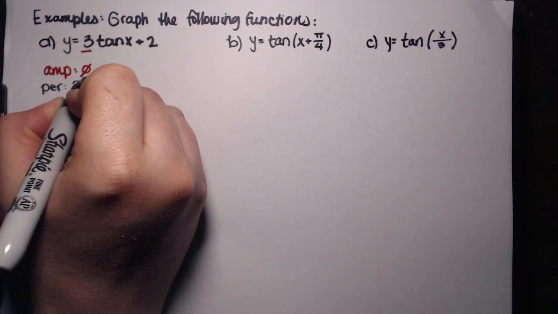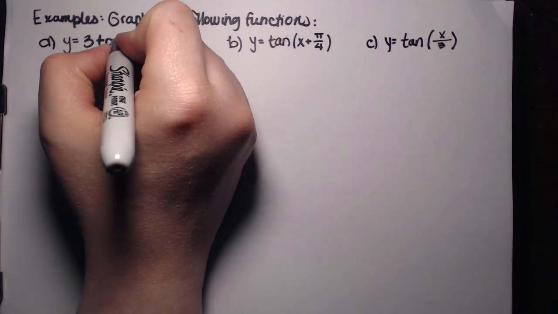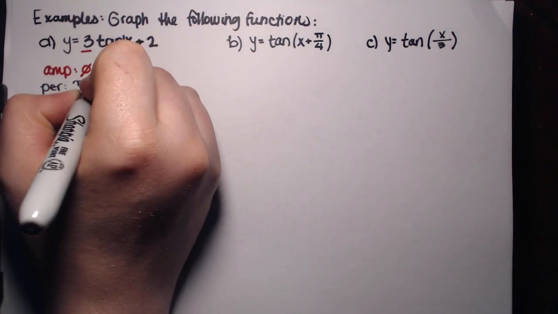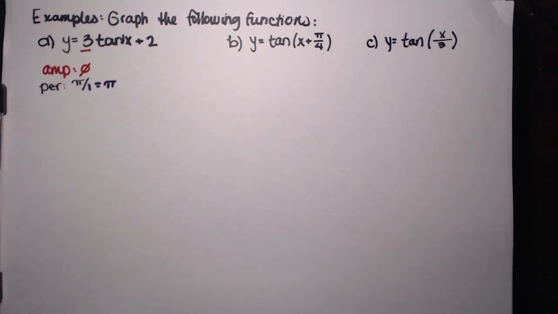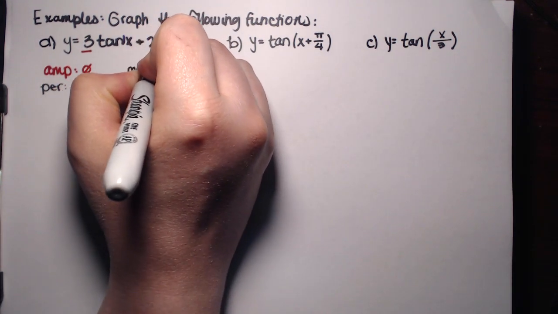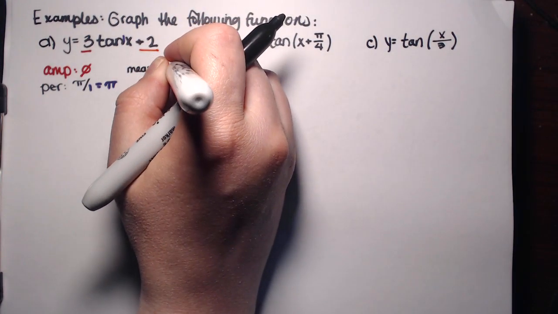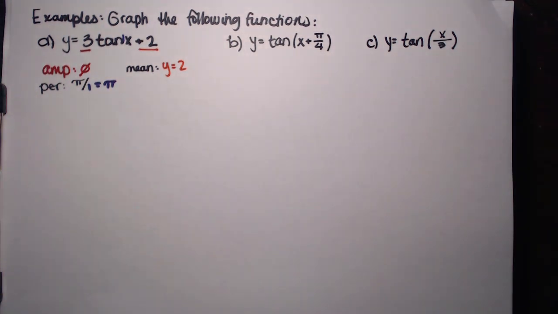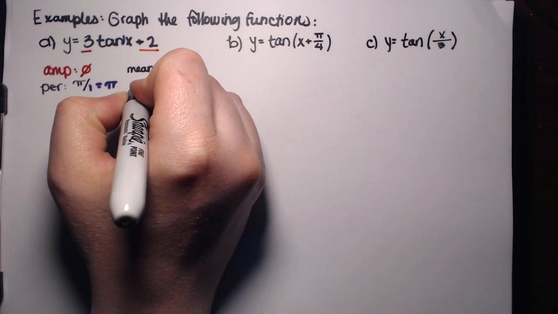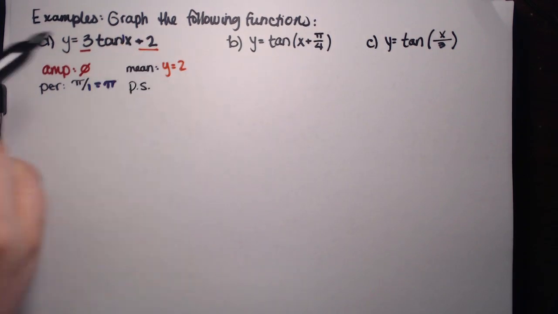So the period is always pi divided by the b value, and in this case the b value is 1. Okay, and then the mean line is going to be, we're moving this whole thing up 2. And then the phase shift. C in this case is 0.